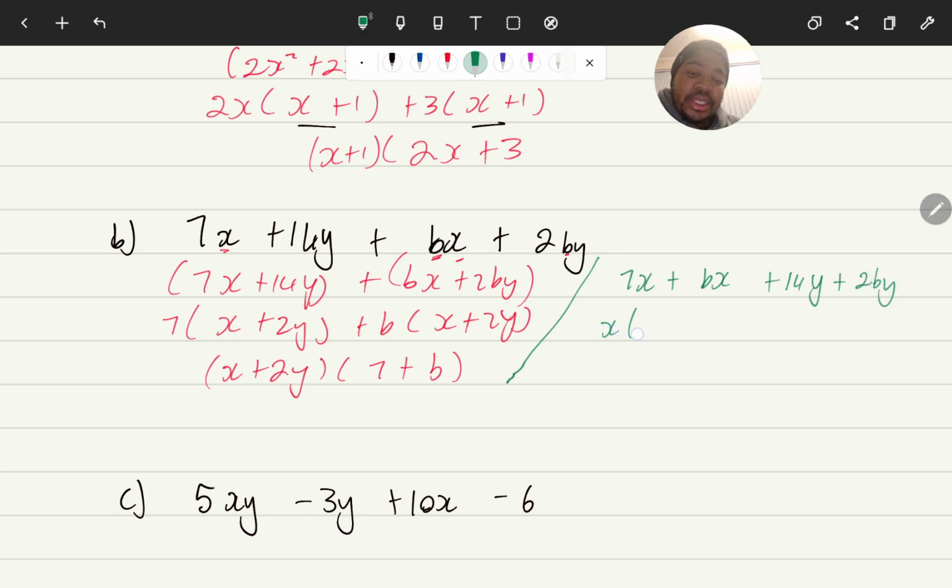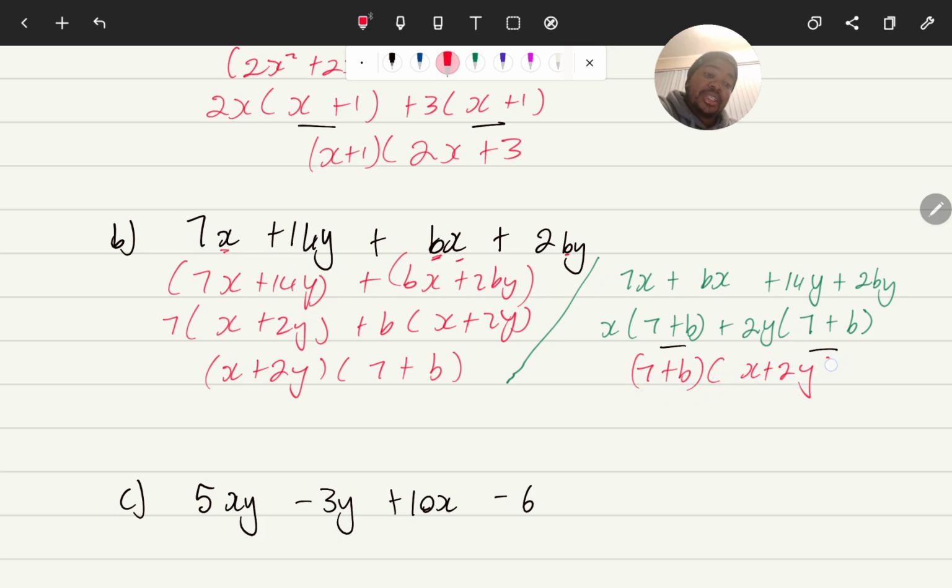Common factor here, x, (7 plus b). Yes. Common factor here, I have 2y, then I have (7 plus b), right? And then I have common factor. So I start with it, (7 plus b)(x plus 2y). Do you see it?